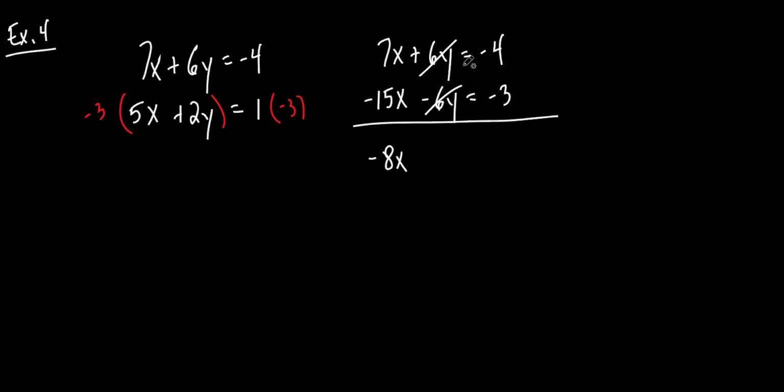They add up to 0, however you want to say it. Equals what? Negative 4 plus negative 3 is negative 7. Everybody good? One more step to get x by itself. Divide everything by a negative 8. So what is x? 7 over 8. And it's a positive 7 over 8.